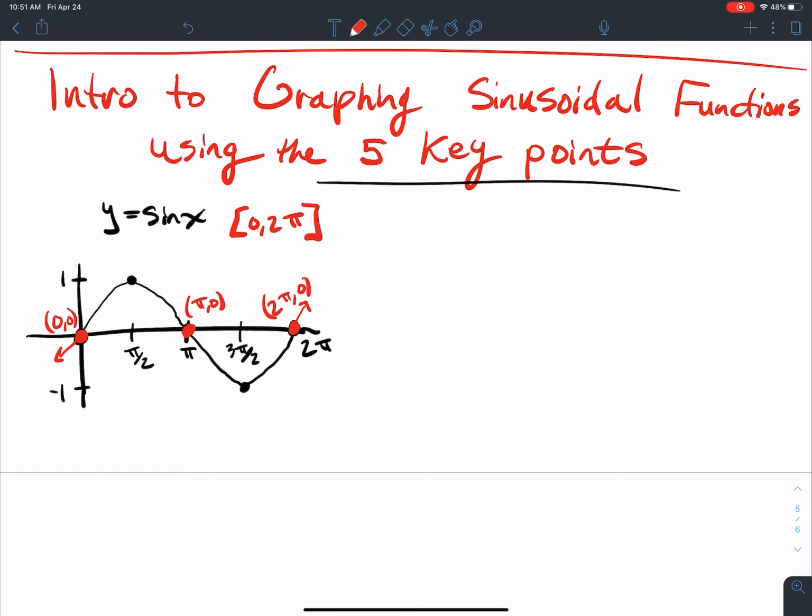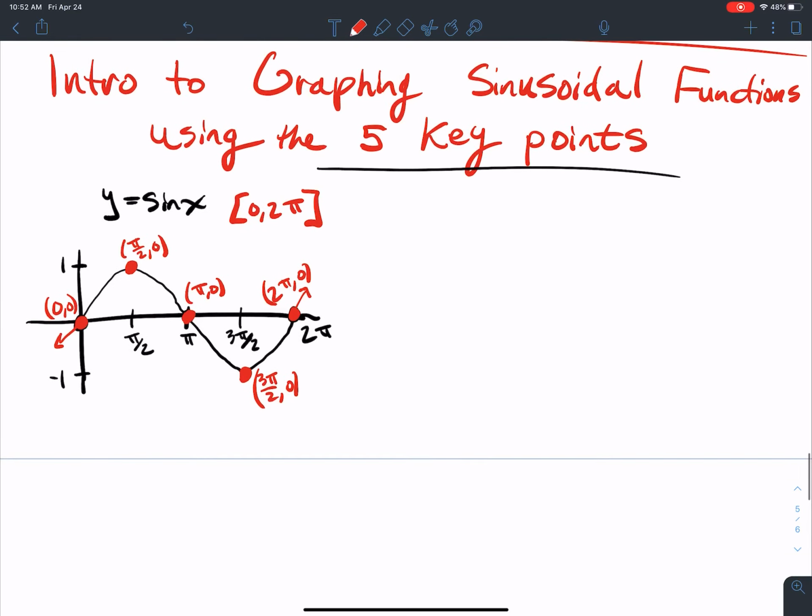Those are the obvious points, but also the peaks and troughs: the peak at (pi over 2, 1), and the trough down here at (3 pi over 2, -1). So you've got your peaks, your valleys, and your x-intercepts. Those are the 5 critical values.